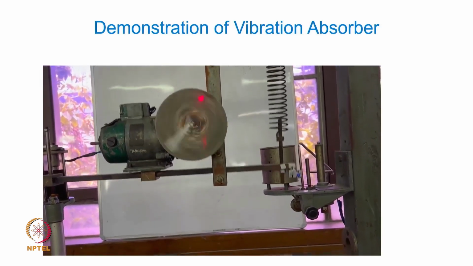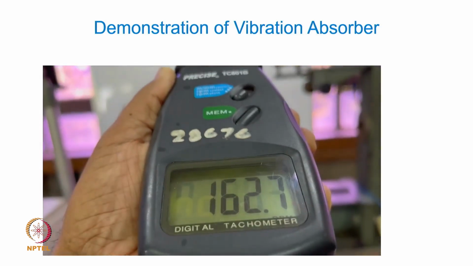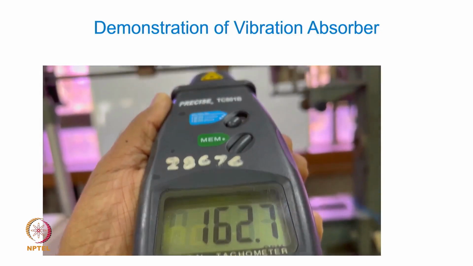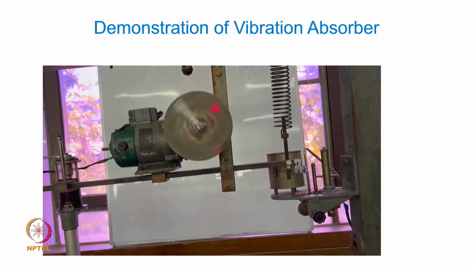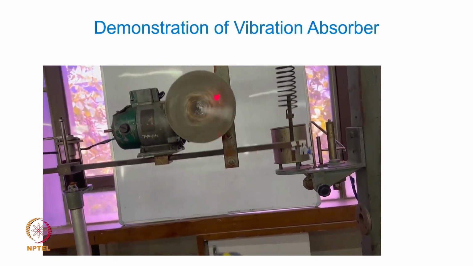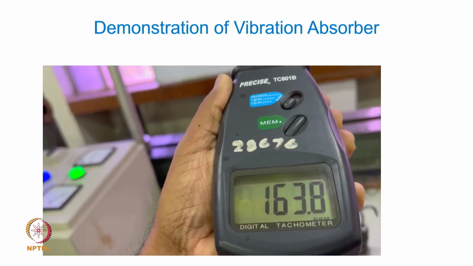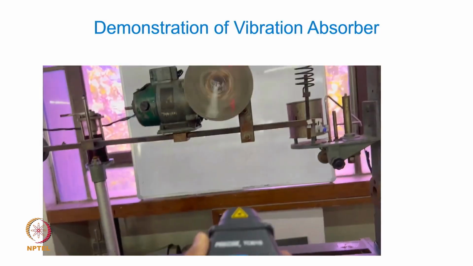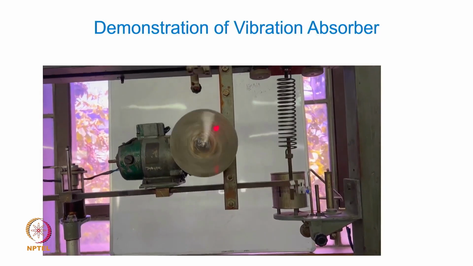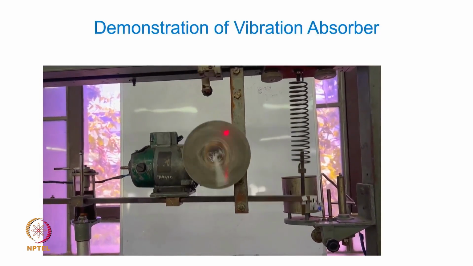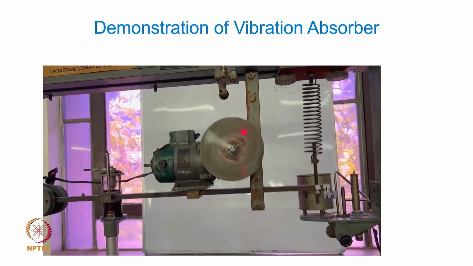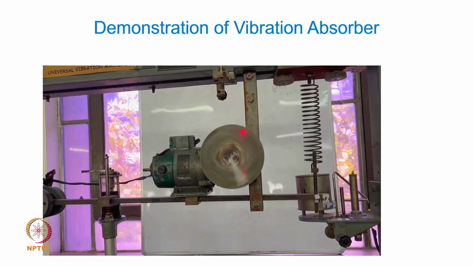It's the speed at which the beam oscillations become very large. So 160, 165 revolutions per minute is the speed. Mind you, the motor is operating at much higher speed because there is a gearbox which reduces the speed of the disc. The discs are operating at reasonably low speeds of rotation.